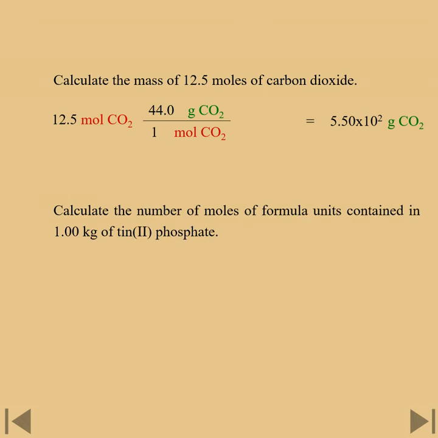And now, calculate the number of moles of formula units contained in 1 kilogram of tin 2-phosphate. Well, if we hadn't come up with a formula of tin 2-phosphate, we'd be doing that now as a preliminary step before we start step 1. We're after moles of tin 2-phosphate. Then step 2, we're going to start with the 1 kilogram of tin 2-phosphate.